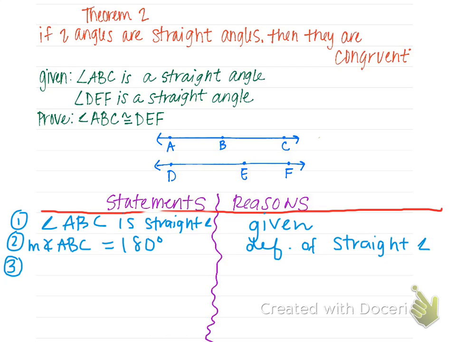Number 3. We are also given that angle DEF is a straight angle. And this also is given.